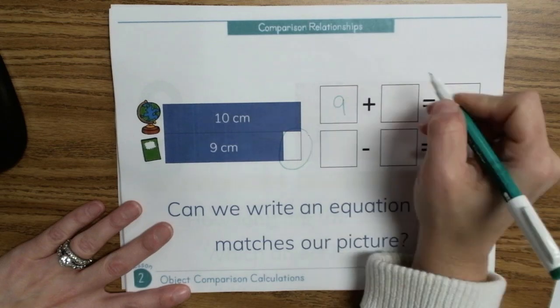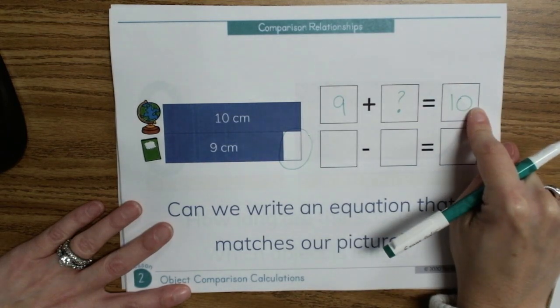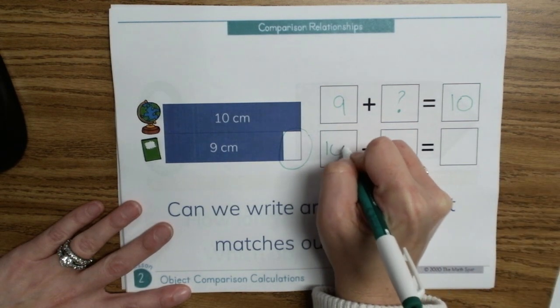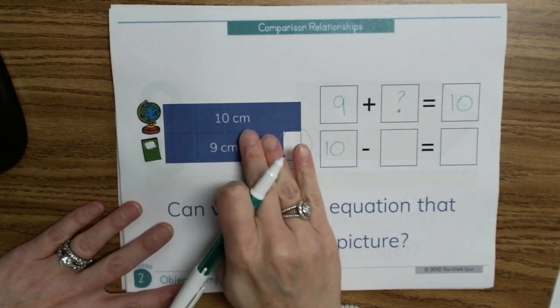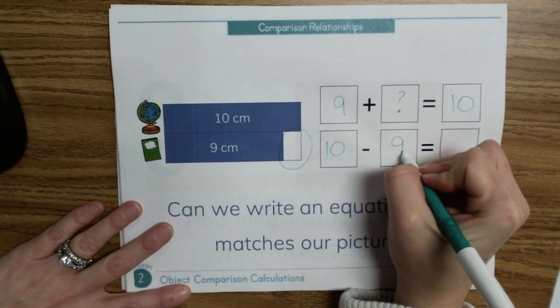I'm trying to figure out how many I will need to help me get to 10. Now, if I put that into subtraction, I have 10. That's what I need to get to. They gave me 9.